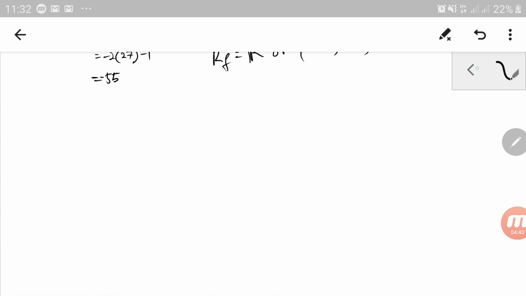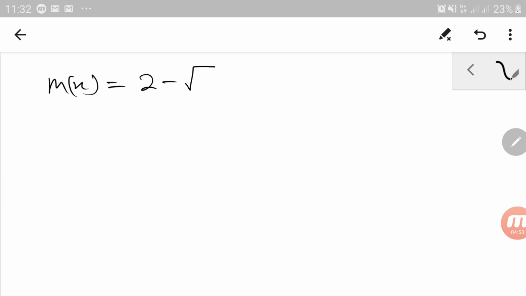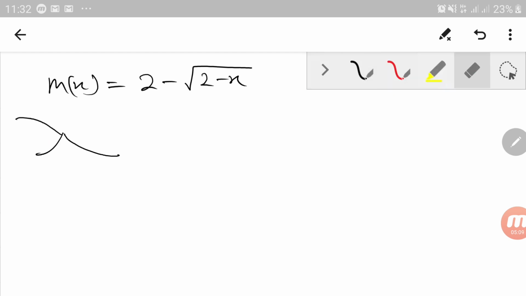Now let's move on to the surd. Let's say we have m(x) equals 2 minus surd (2 minus x). Let's sketch it first. For a surd, we need to know the point that we want to draw the line from, whether it's the first quadrant, the second, the third, and so on.